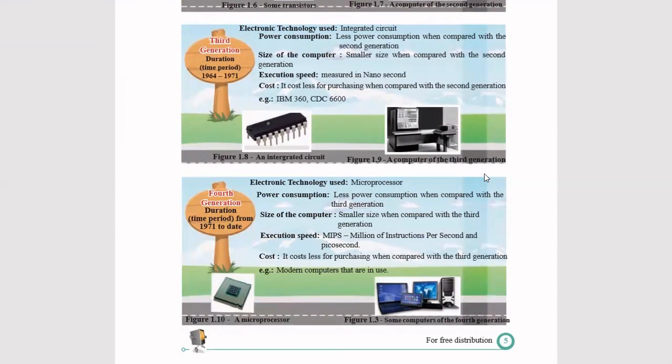Compared to the first and second generations, the power consumption is less, size is smaller, execution speed is more because now it is measured in nanoseconds, and cost is also reduced. Okay, so you can see a pattern. I will explain the pattern after I explain the fourth generation as well.